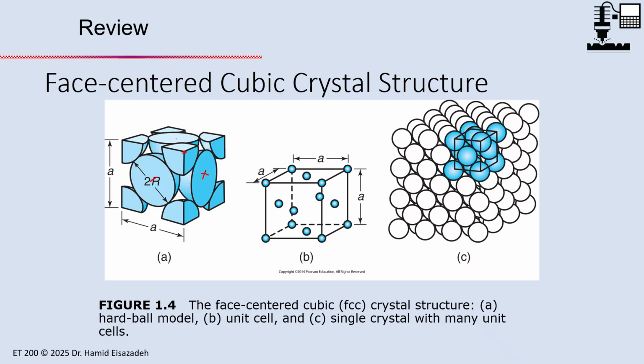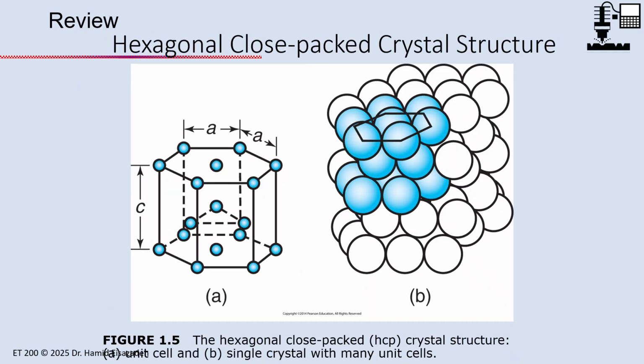Same thing on the rear part of this unit cell. Totally, we have 6 atoms times half. And then we have HCP, which is not a cube anymore. We have 3 planes of atoms stacked on top of each other.